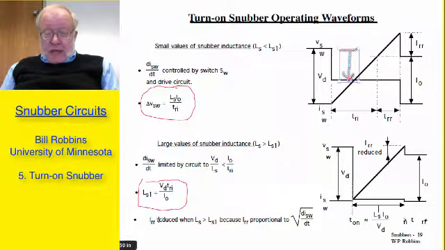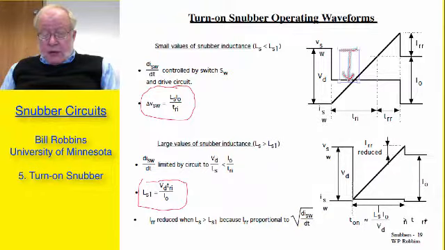If the inductor is larger than Ls1, then your rate of rise of current is going to be dictated by di/dt equal to the power supply voltage divided by Ls. And so your rate of rise is slowed down and takes longer to reach the peak value.